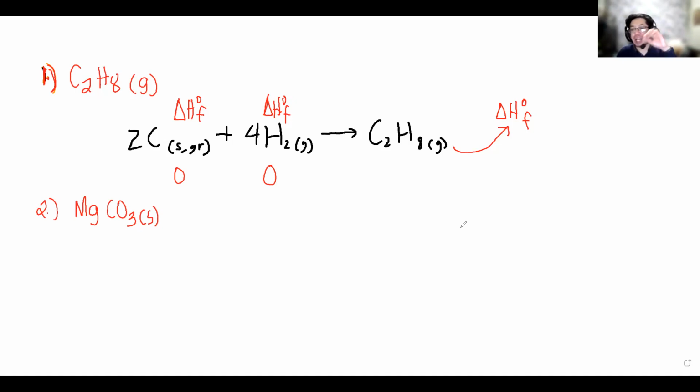Meron ba tayong organic compounds dun sa binigay kong thermodynamic data table? Can you try to search lang? Sige. Meron yan eh. Punta ka sa, I think first page yan or last page. Sa organic substances. Nakita ko po sa C2H6.